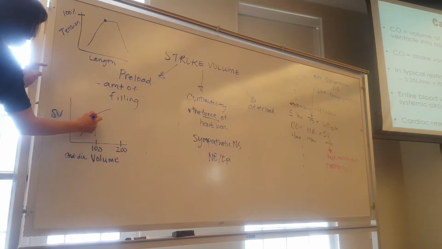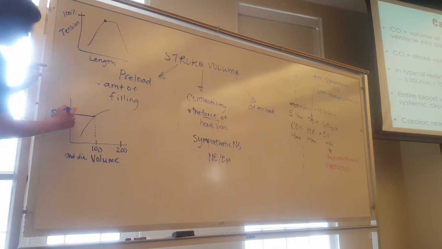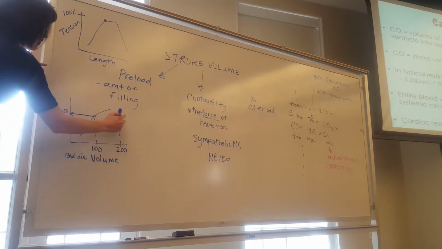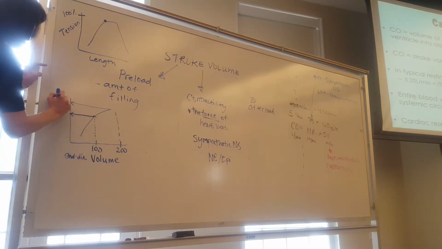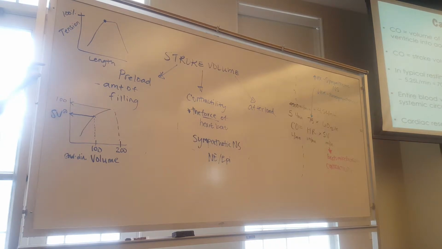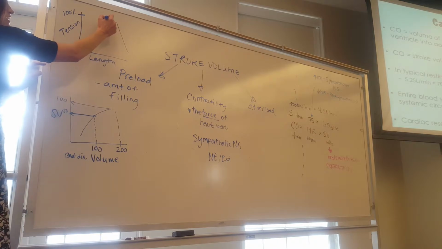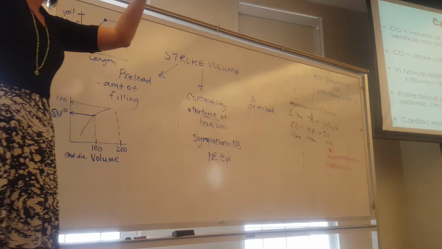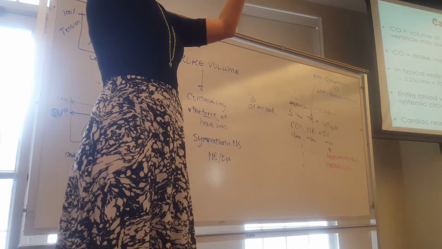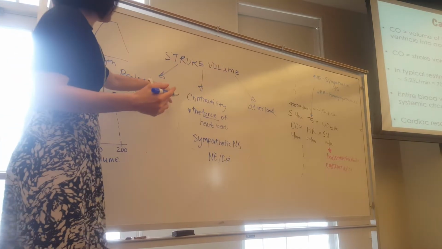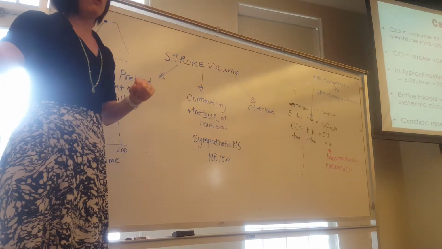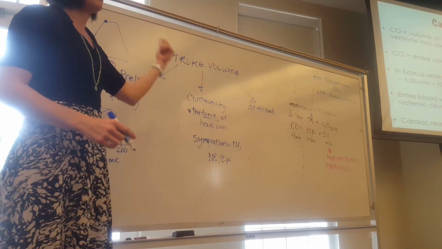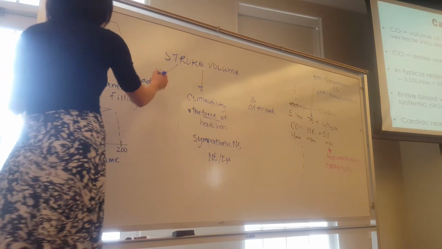If you fill with 100 mils, you pump out 50. If you fill with 200 mils, you pump out 100. Okay? It's the same thing here. You're at this point of the length-tension relationship. So the more you fill with, the stronger you can actually pump that blood out. Okay? That is preload. So if preload increases, what happens to stroke volume? It increases. What happens to cardiac output? It increases. Yes. All right.